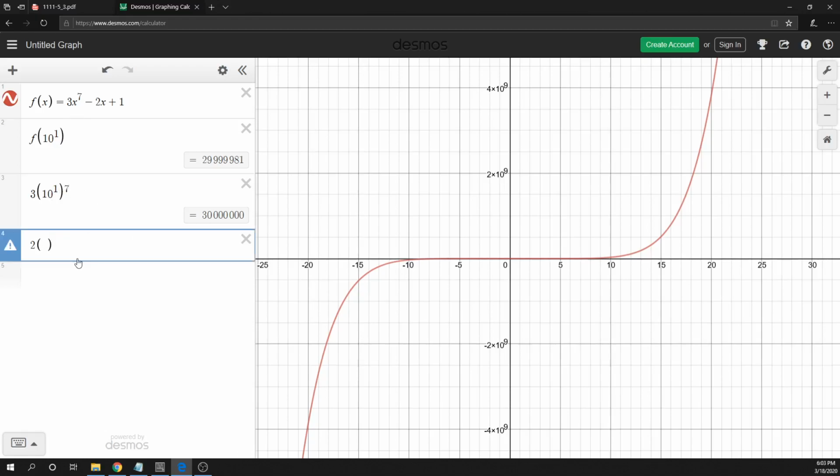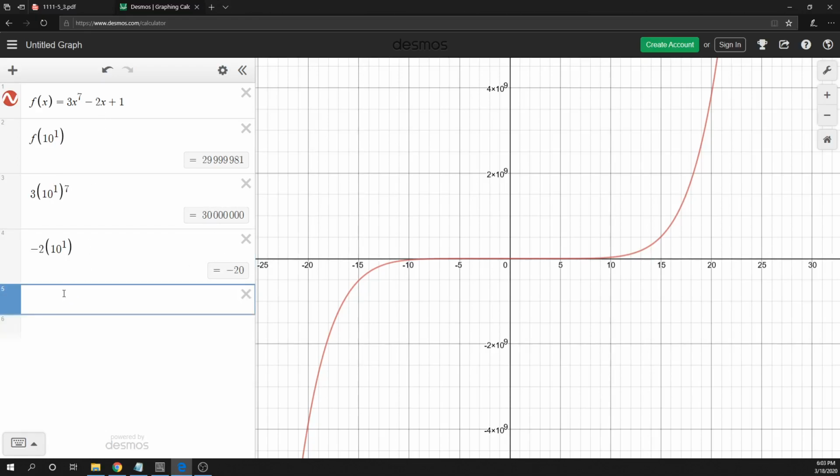If I plug 10 to the 1 into this minus 2x, I'll get minus 20. So you can see that already this 10 to the 1, when I plug that into this part, this number is way, way bigger than any of the other numbers, and 1 is just 1 here. So it is way bigger than any of the numbers there. And it just gets worse, right, the bigger this number is.